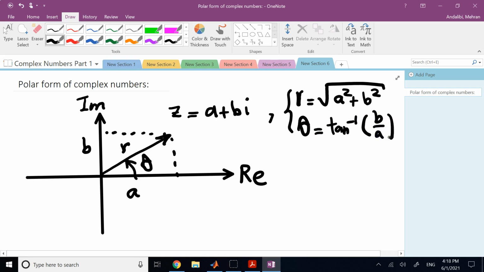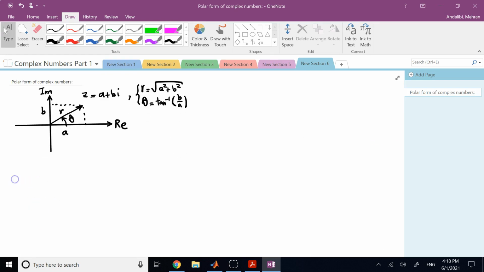That's what you know. Or you can also say that a is r cosine theta and b is r sine theta.